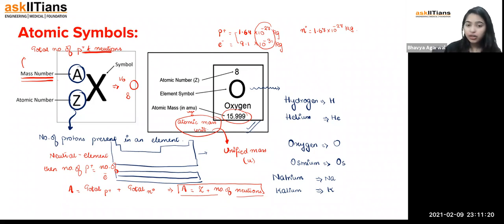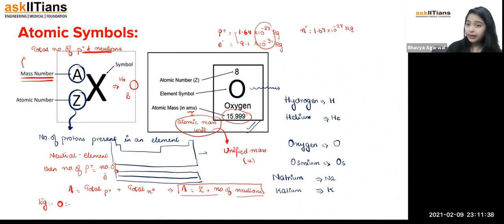Right. Okay. So, for instance, let me take an example of oxygen. In oxygen, there are 8 protons because the atomic number is 8, right?